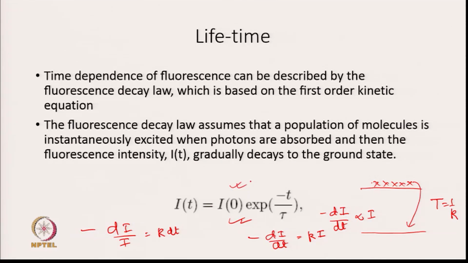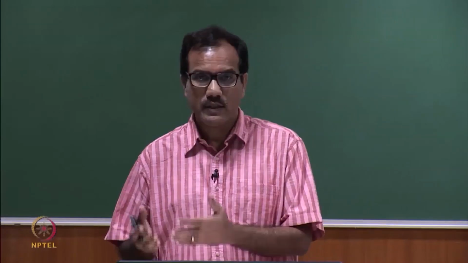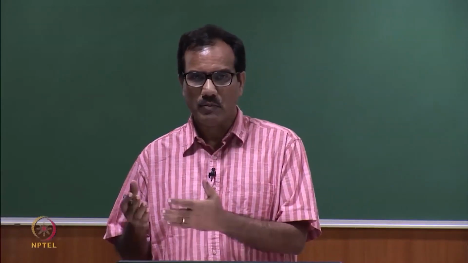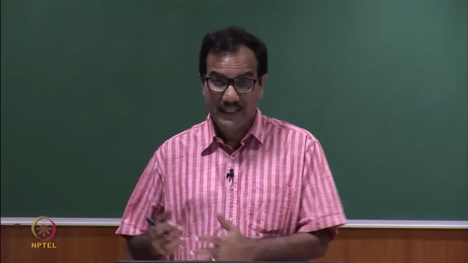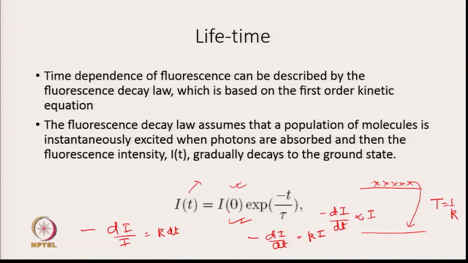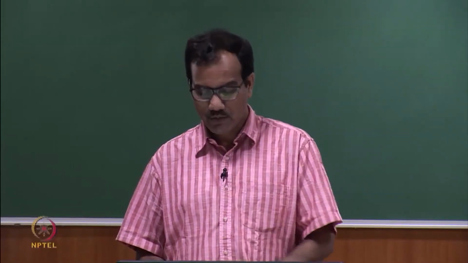and this is the intensity at time t, which is proportional to the number of fluorophores in the excited state at time t, and I naught is the number of excited state fluorophores when time is equal to 0.